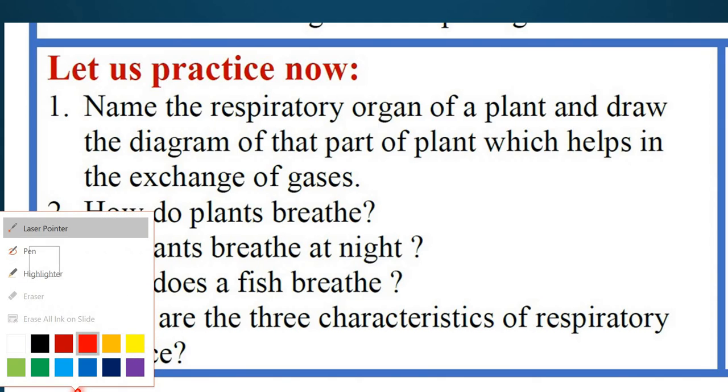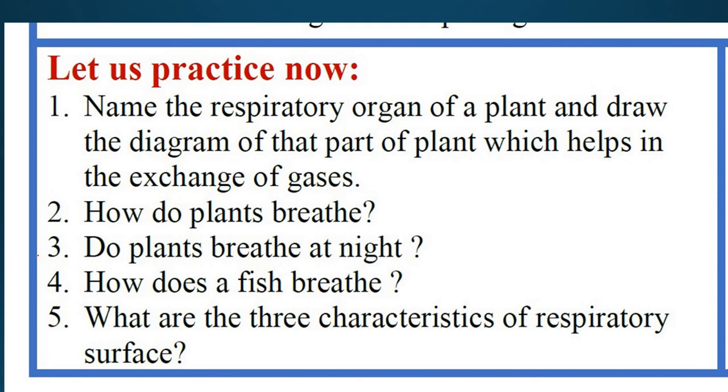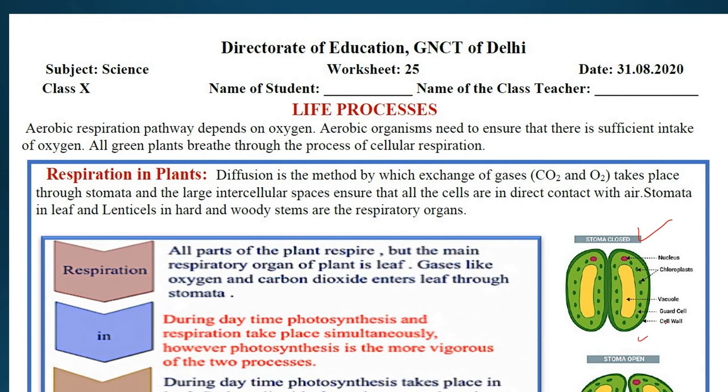We will write it here: stomata in leaves are the respiratory organ of the plant. We can draw these two diagrams, stomata open and stomata closed.